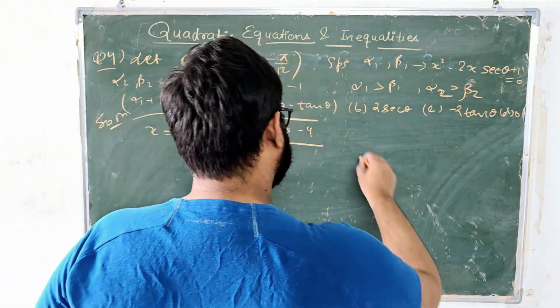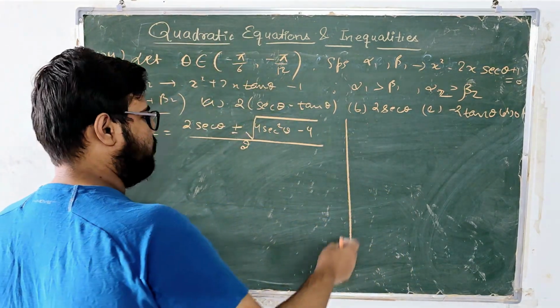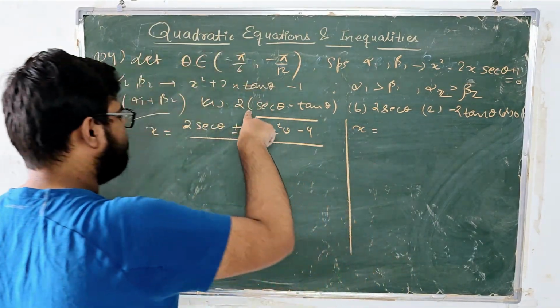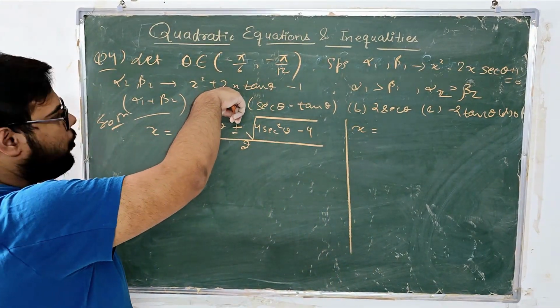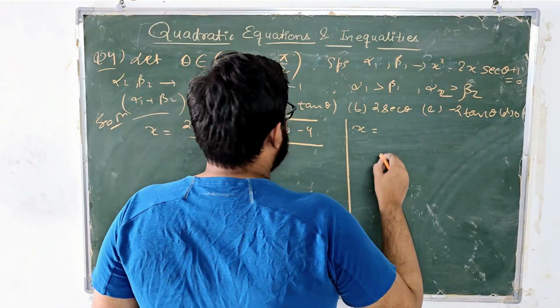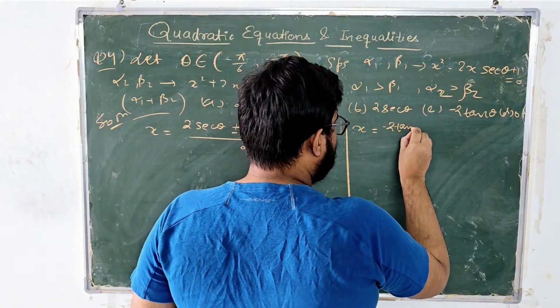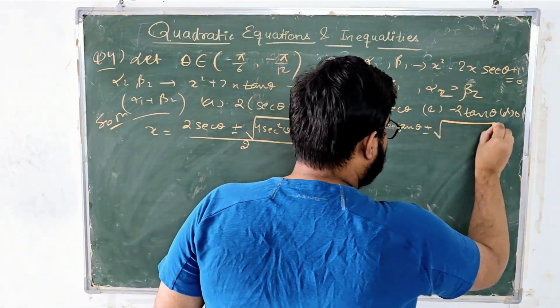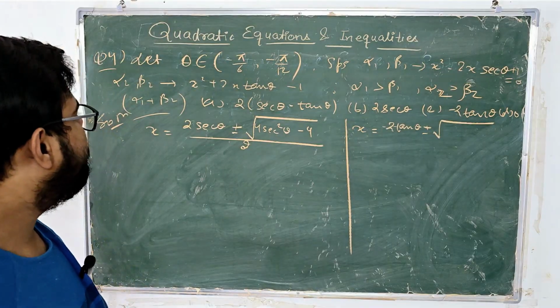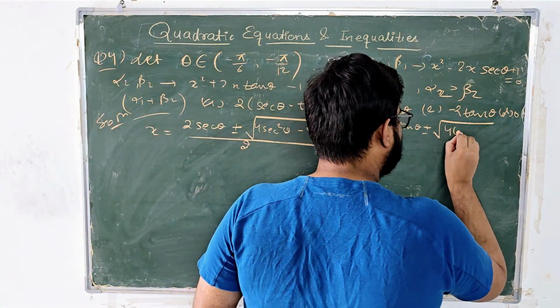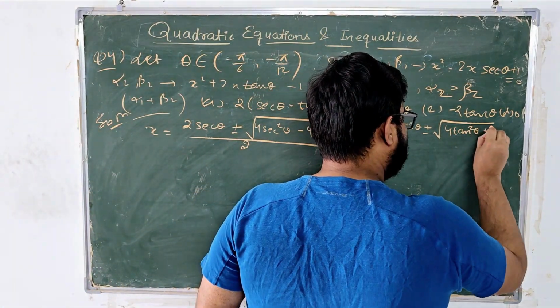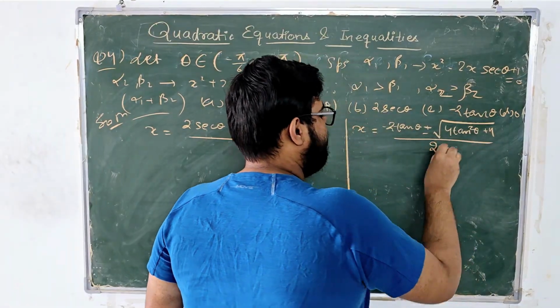Right? Now I'm going to solve this one. Minus 2 tan theta plus minus root 4 tan square theta plus 4, divided by 2.